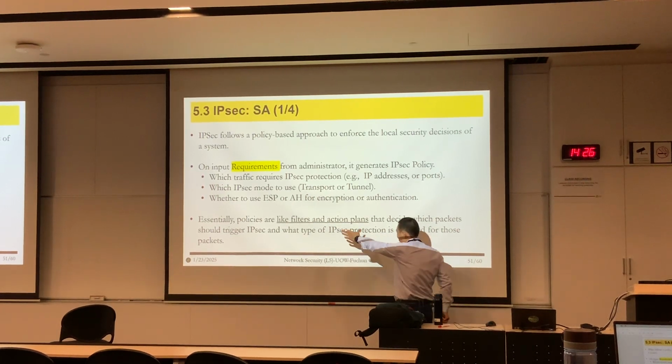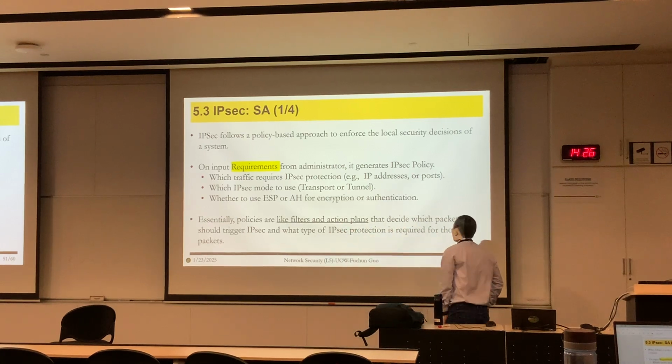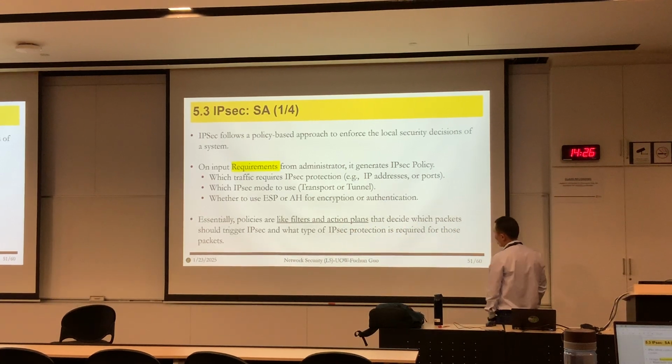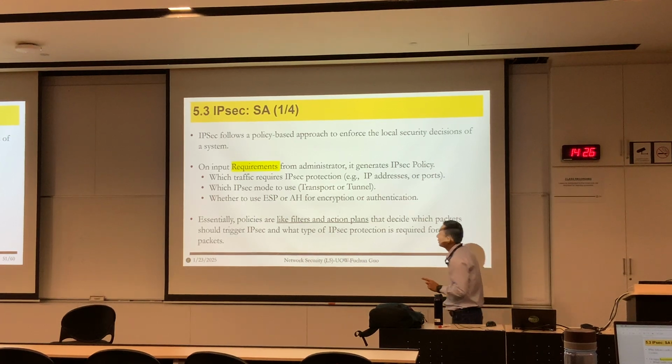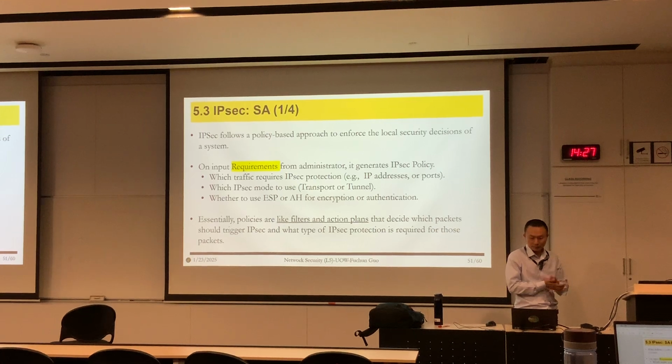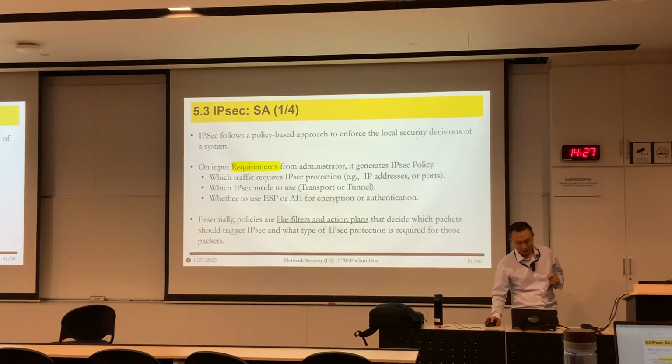I will explain the meaning of filter and action in the next picture. Then it decides which packets should trigger IPsec and what types of IP protection are required for those packets. So filters and actions.